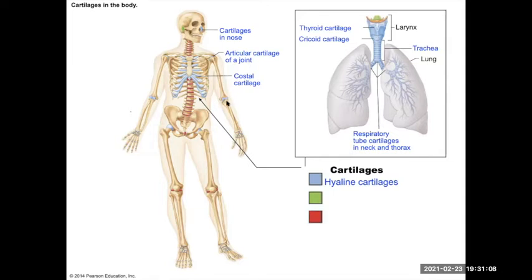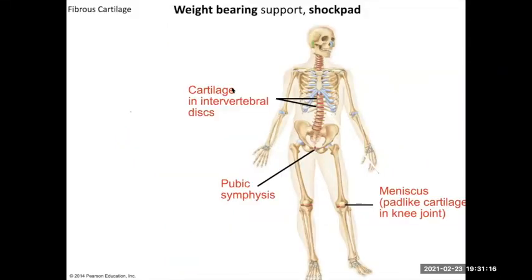And for your articular cartilage, again, it has a very smooth, slippery surface for when these bones are moving up against each other. All right, so that's your blue hyaline cartilage. There's a couple other specialized cartilages where you take that hyaline cartilage, add a whole bunch of collagen fibers, and you come up with fibrocartilage.